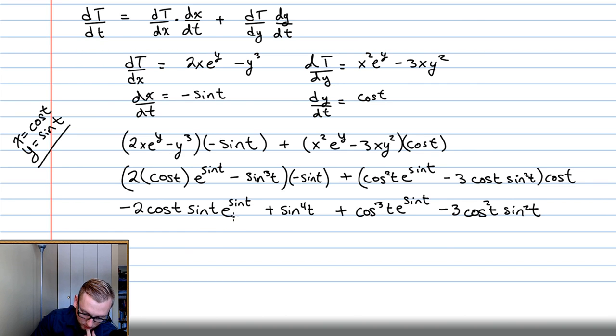Is there some things we can do to make this simpler? Well, this looks like a double angle identity. Because the sine of 2 times an angle, this is a double angle identity. Sine of 2x is equal to 2 sine x cosine x.